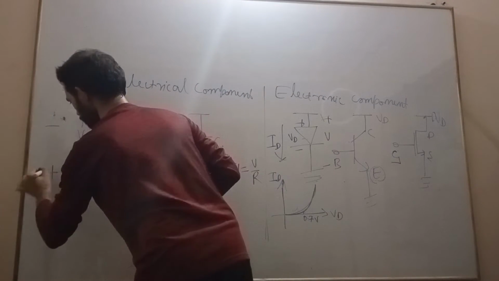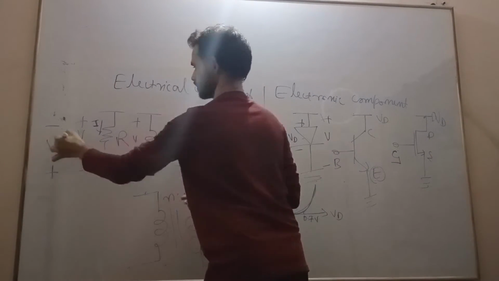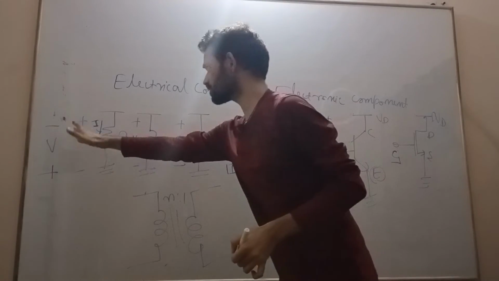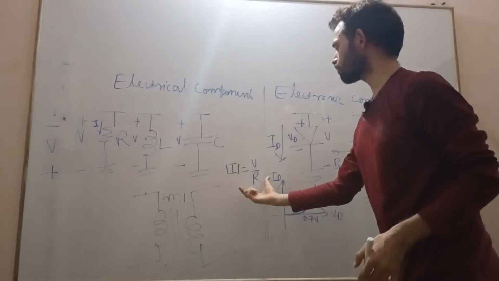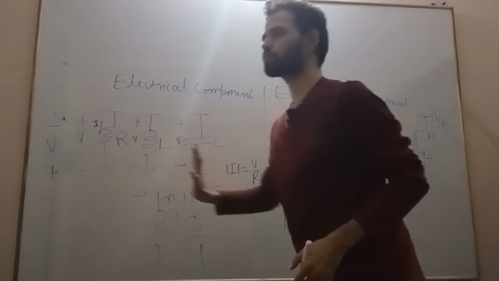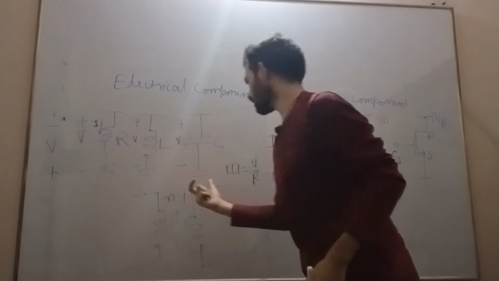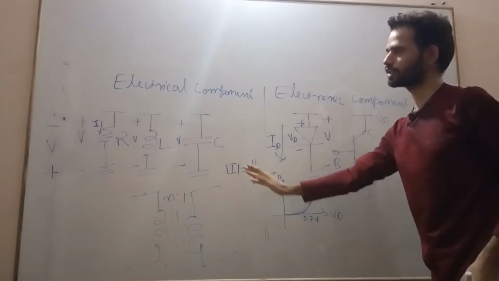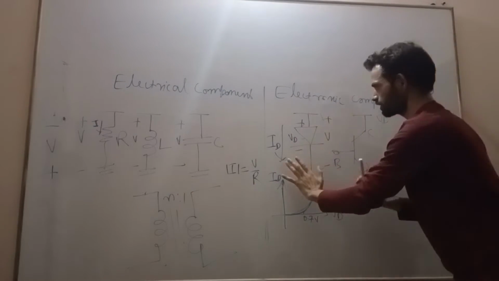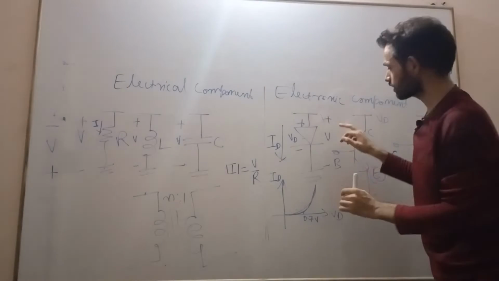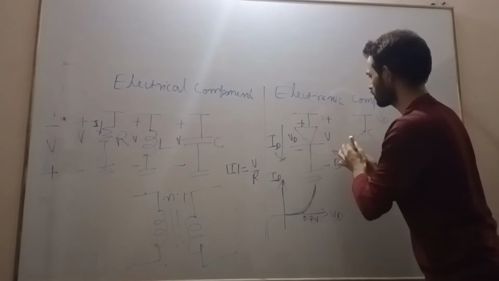By changing the polarity of voltage, before and after, we get the same magnitude of current in case of the electrical component.